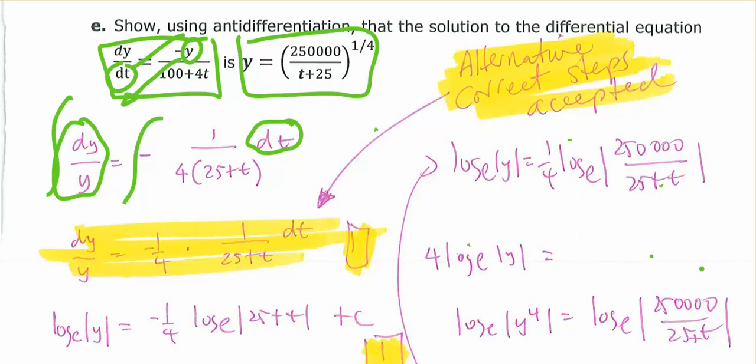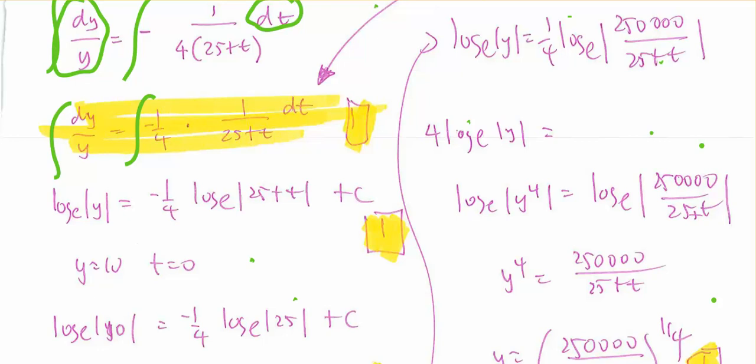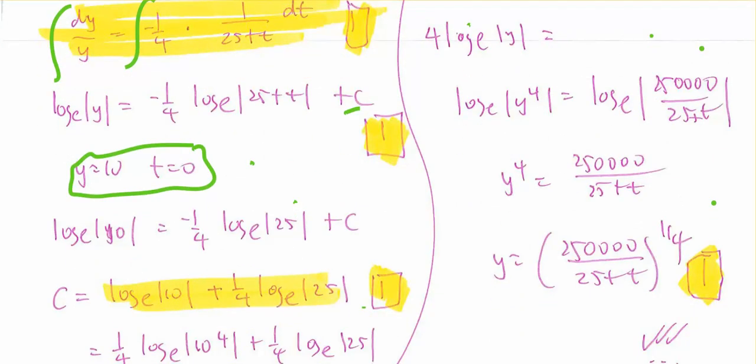So that gives me this expression, -1/4 times that, so there should be integrals on that. So log base e of the modulus of y equals -1/4 log base e of 25 minus t, so the derivative of that's 1. So she put 10 grams initially, so that gives me this c value.